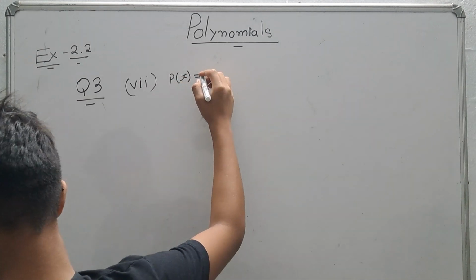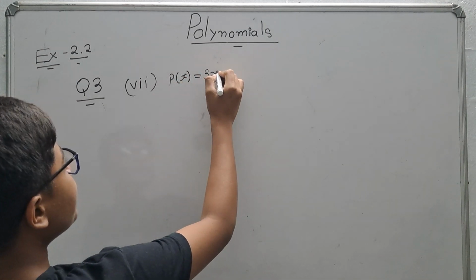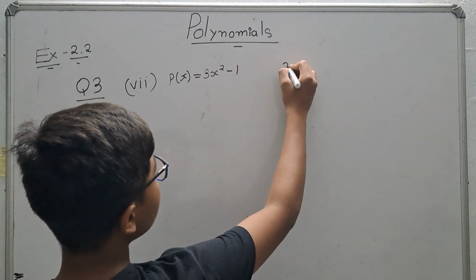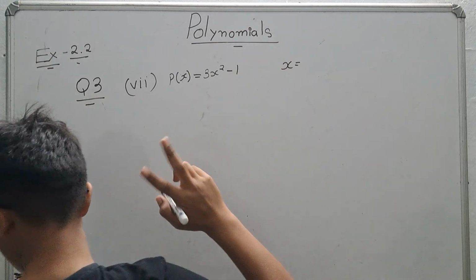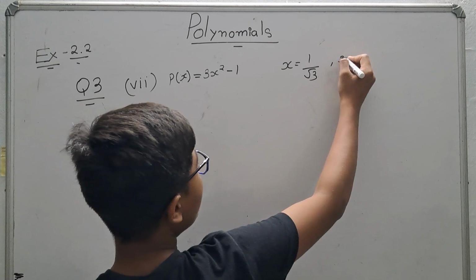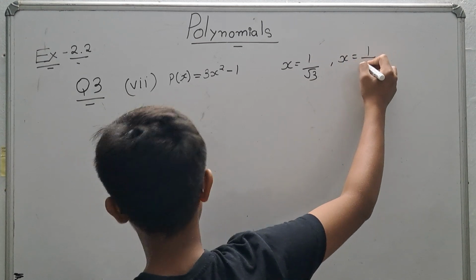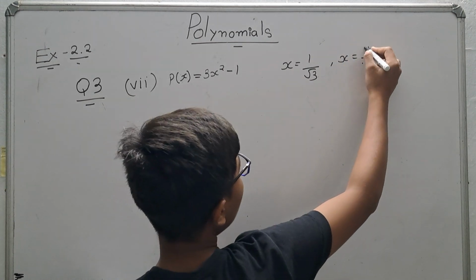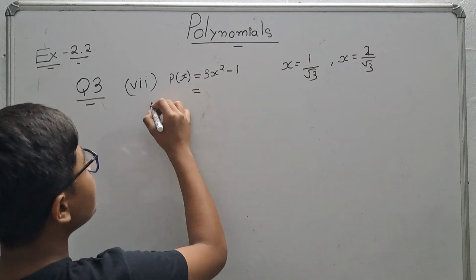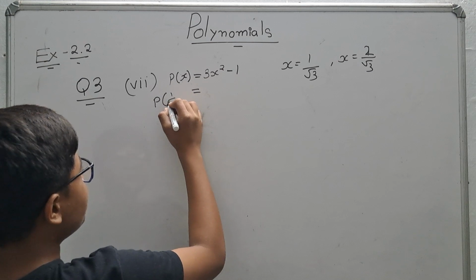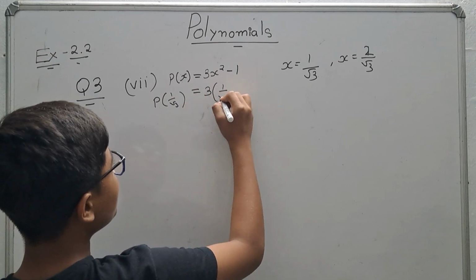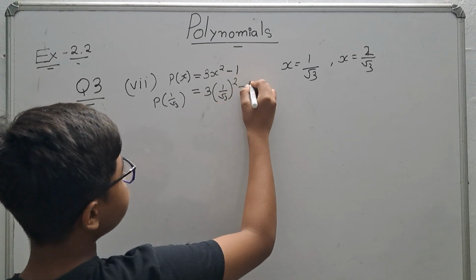p(x) is equal to 3x square minus 1. We have to put two values, we have to find two answers. We have to put x is equal to 1 upon root 3 and also x is equal to 2 upon root 3. Okay, so let's put it. p is equal to, first of all we will put 1 upon root 3, 3 times 1 upon root 3 square.